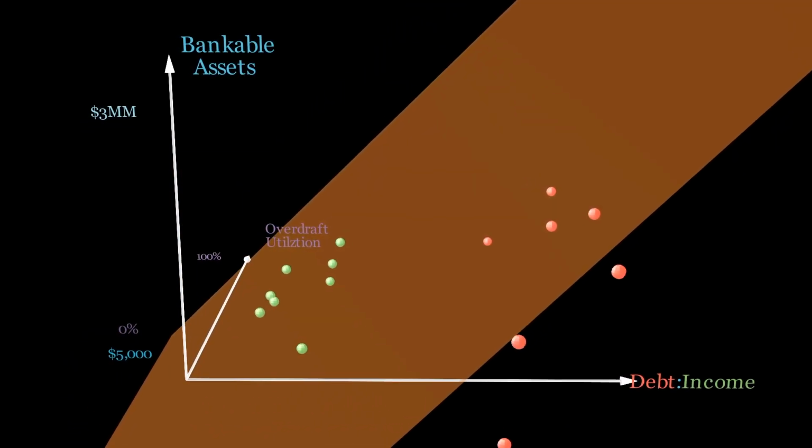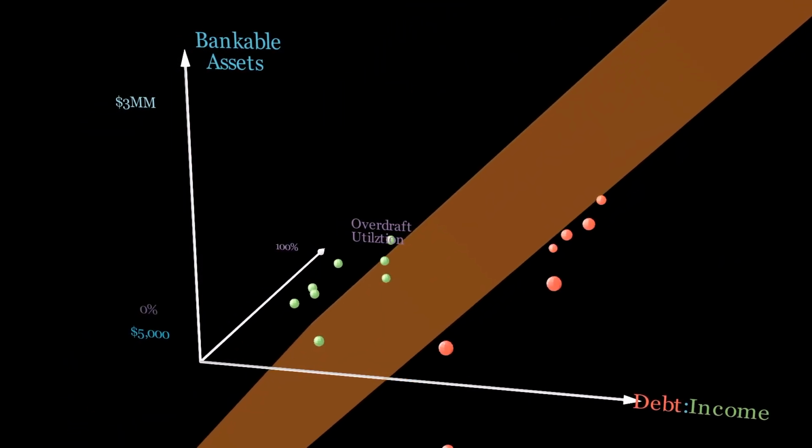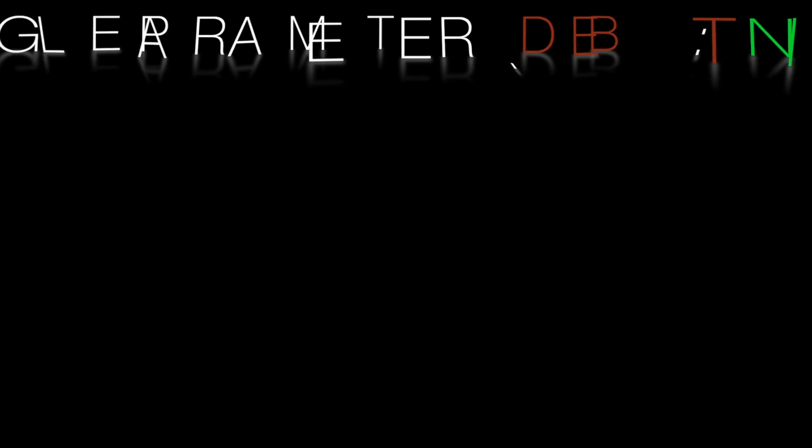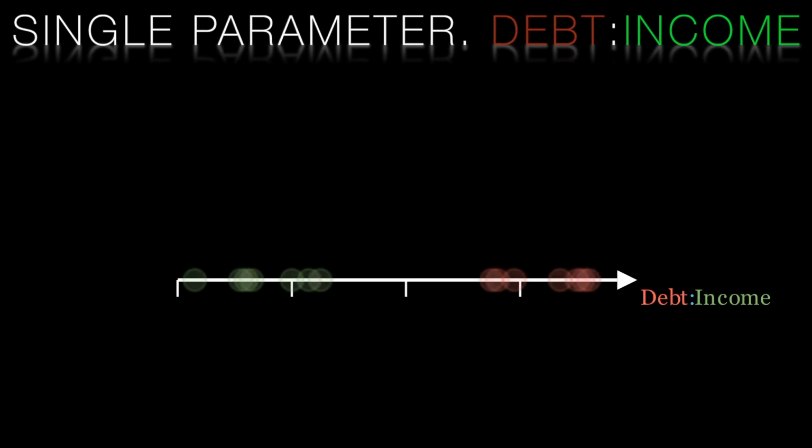So, following on from that, let's start with a simple one-dimensional classifier. We'll use debt-to-income ratio. It turns out that this is not a terrible predictor of loan default used simply on its own, but as you'd expect, we can and indeed do get far better classification results when we include more parameters.